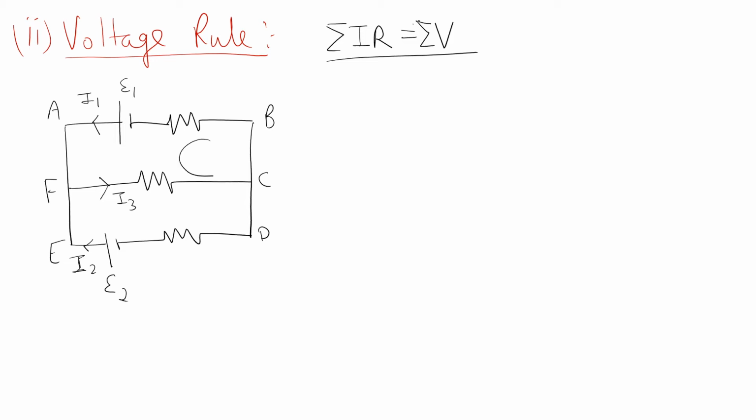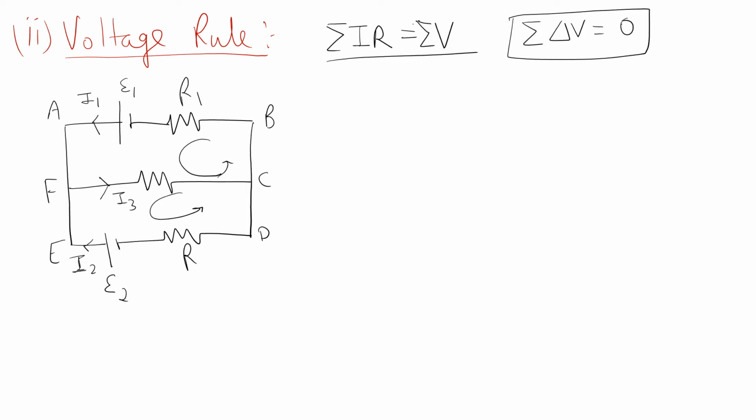This is a closed loop, and this one is also a closed loop. So the total change in the voltage in this circuit will be 0. There will not be any change in the voltage. Or in simple words, if I multiply the current with their respective resistance and sum it all, I will get the total potential of the circuit.